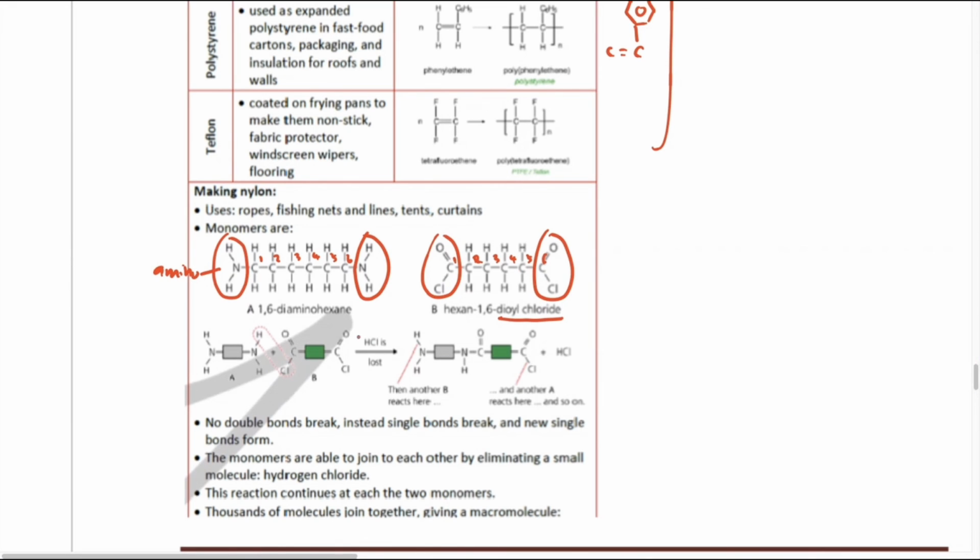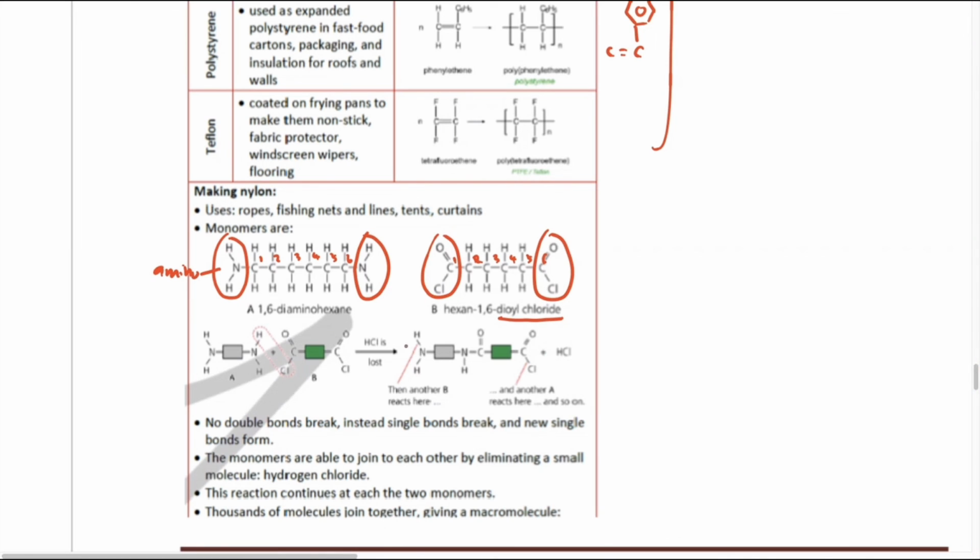So when they want to join up, they use condensation polymerization, where they remove a small molecule. The amino is basic, the acyl chloride is acidic, so they react with each other through neutralization, and they remove the HCl.